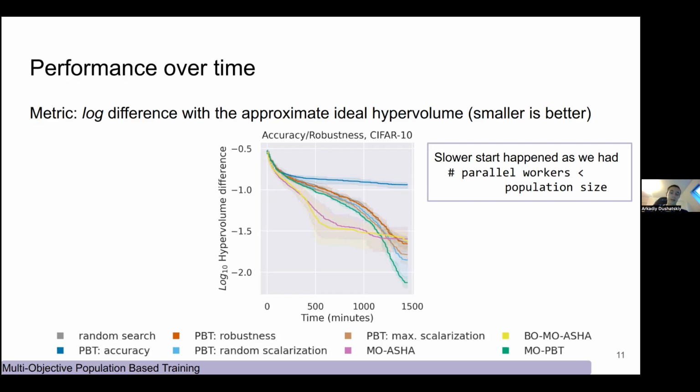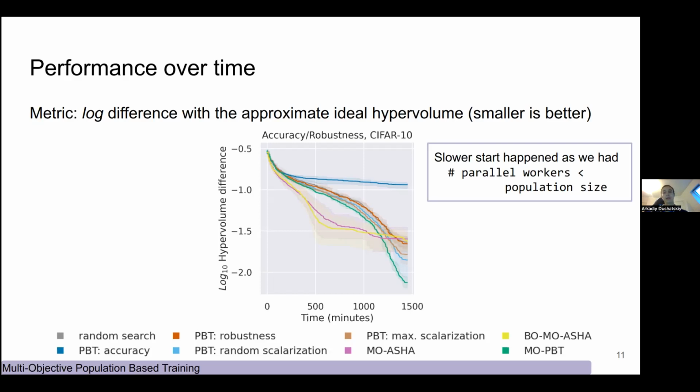And the explanation for that is that in our setup, we have a number of parallel workers smaller than the population size. So in MO-PBT, networks are not fully trained by, let's say, minute 500, though in MO-ASHA and BO MO-ASHA, some networks are fully trained.